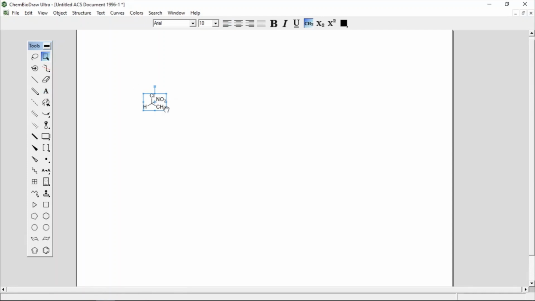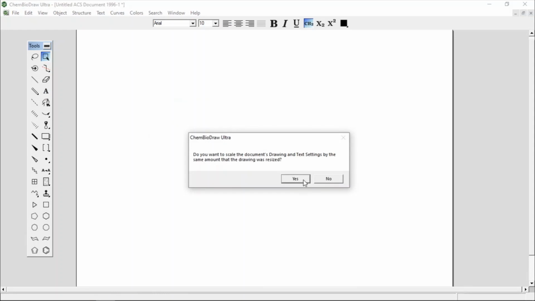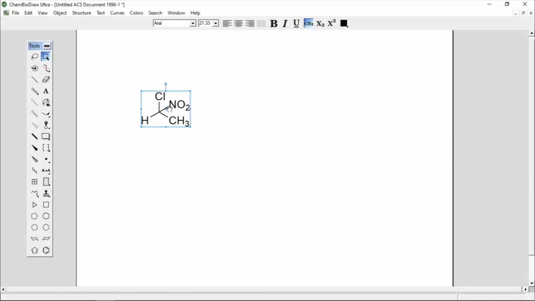Now you have to tell me whether this molecule is chiral or not. Yes, very good.